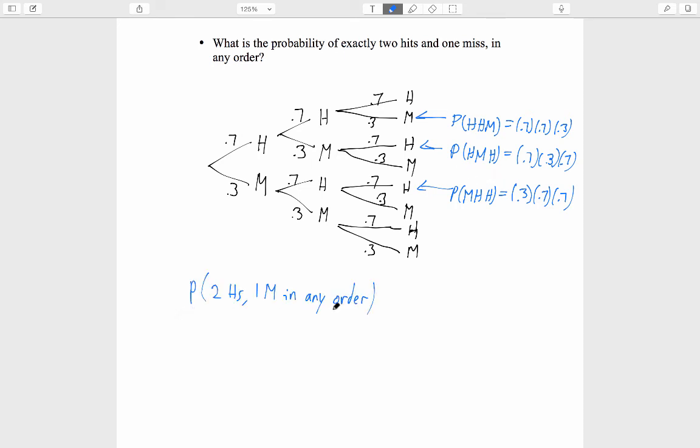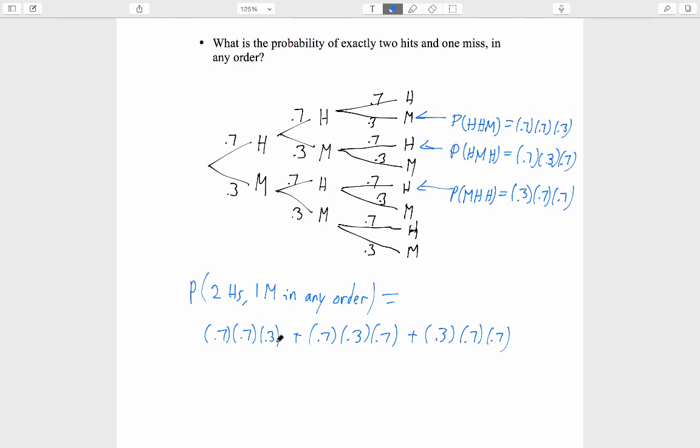What then is the probability of our event? The overall probability, the total probability of 2 hits and 1 miss in any order? It is the sum of the probabilities of the individual outcomes. I'm going to write them out in gory detail first, and then we'll notice the crucial observation. These are actually 3 copies of the same number.